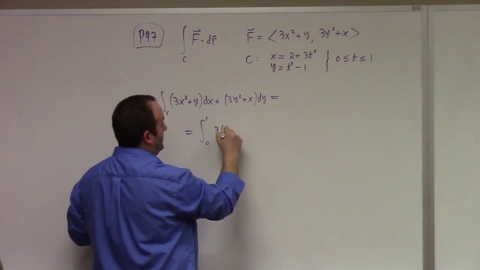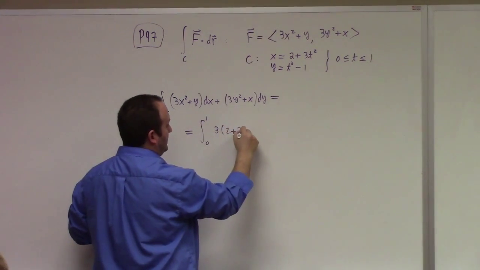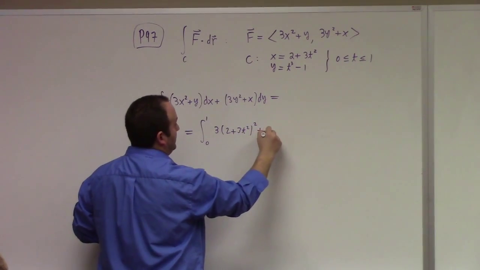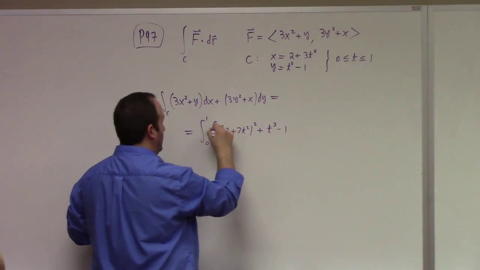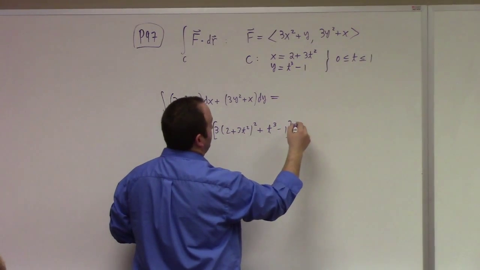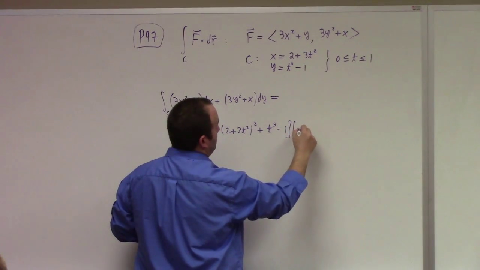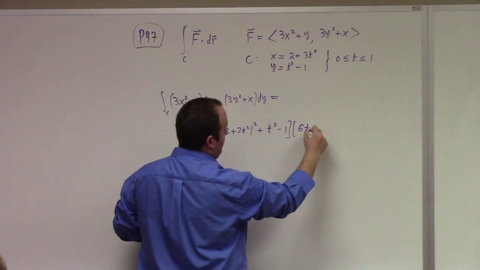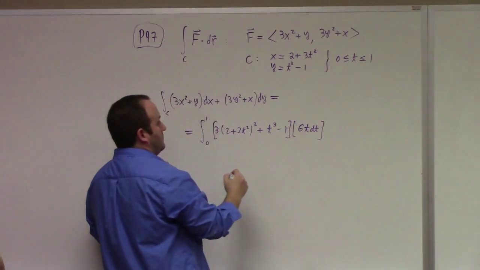3 times (2 plus 3t squared) plus (t cubed minus 1), times dx. What is dx? It's 6t dt, right? And then plus what?